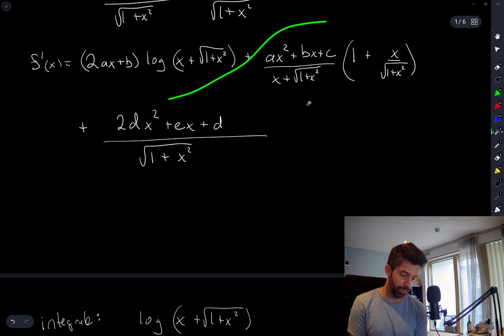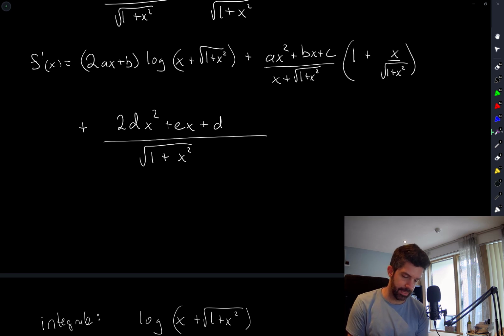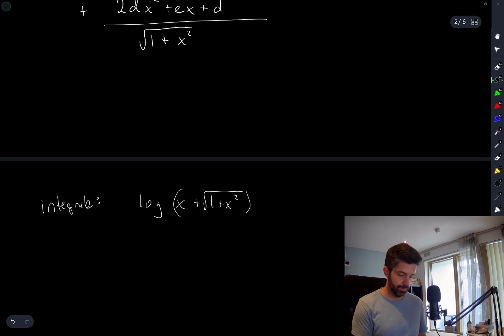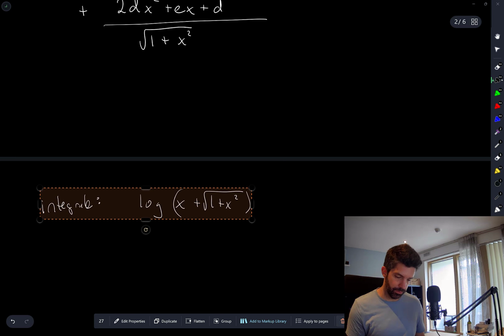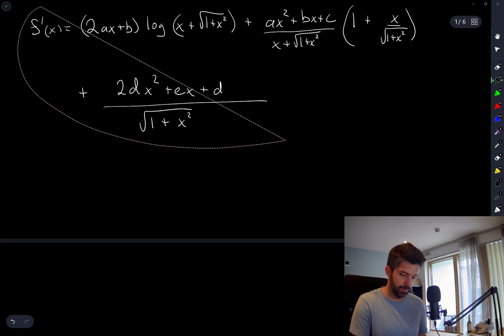So then maybe it is worth expanding this term as well. Yeah, and there might even be some cancellation with something there. Okay, before I get to this, let's continue with some simplification of this guy.